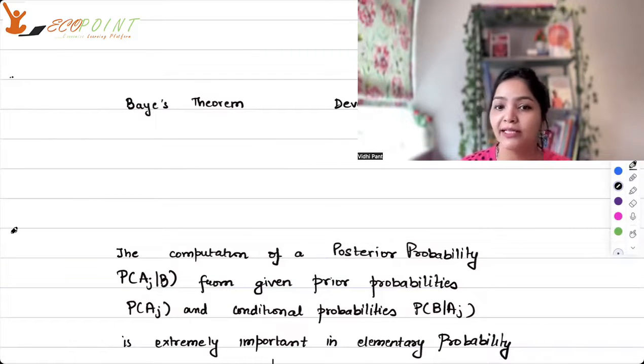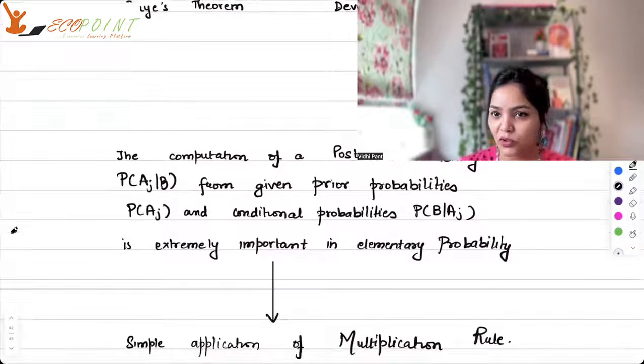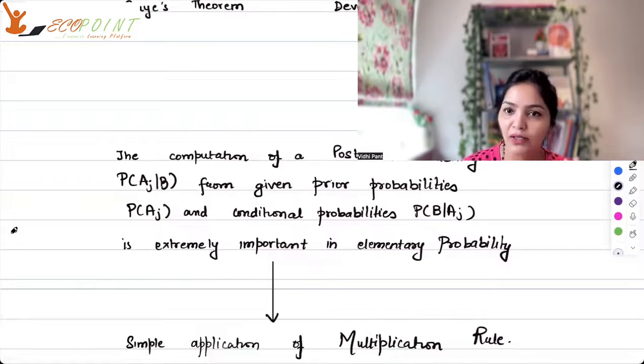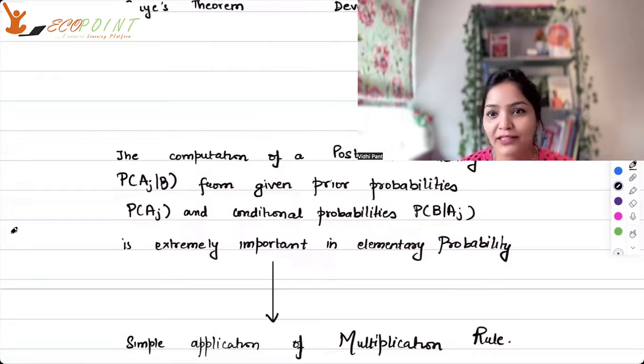AJ event has already happened, and conditional probabilities like B conditioned on AJ. This is very, very important when it comes to elementary probability. A lot of conditional event probability has to be calculated using this. And how do you find it out?